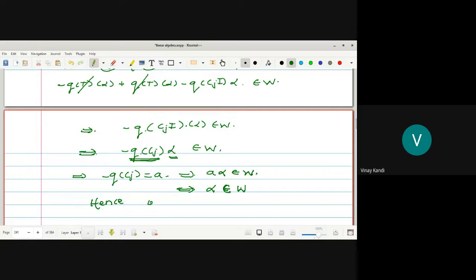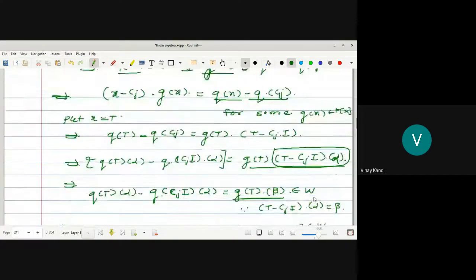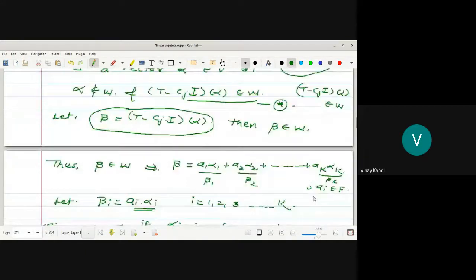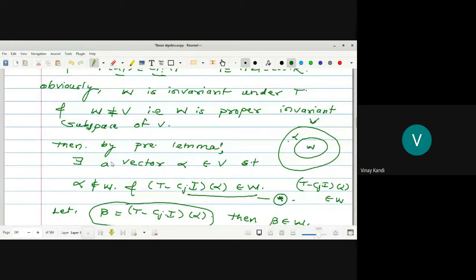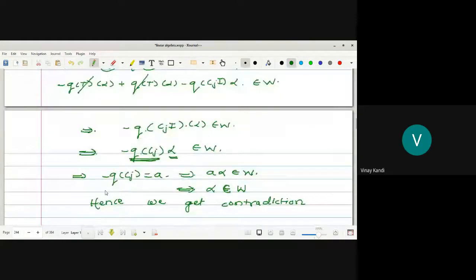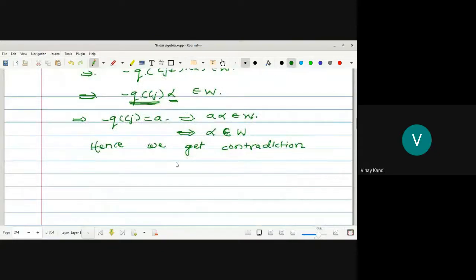Hence we get a contradiction to our assumption. Which contradiction? Look at here. Alpha does not belong to W, but here we get alpha belongs to W. Why do we get this contradiction?